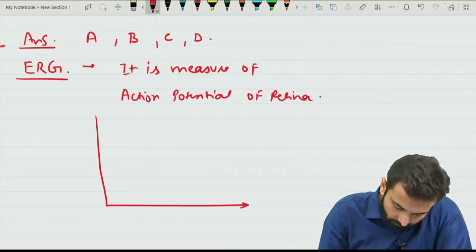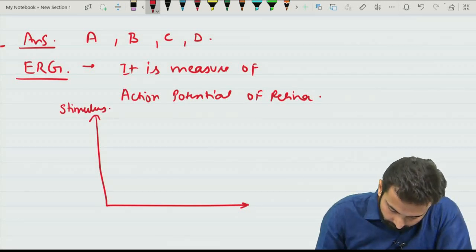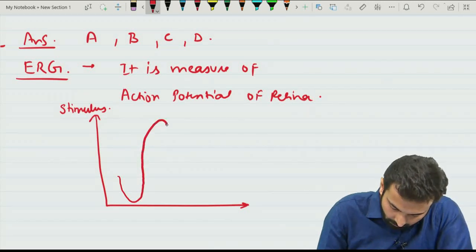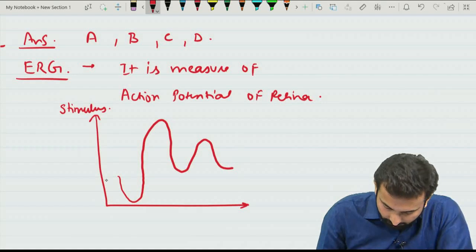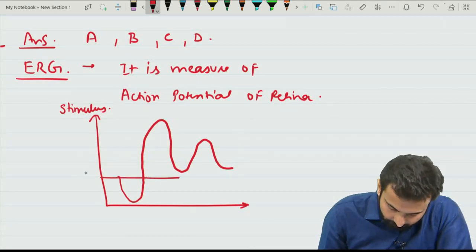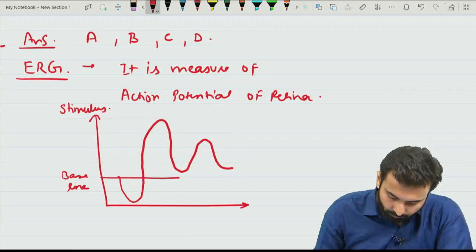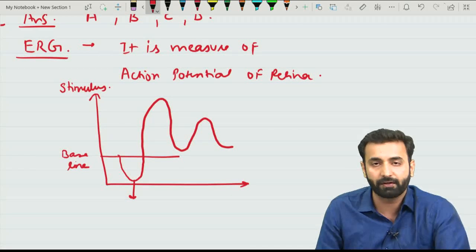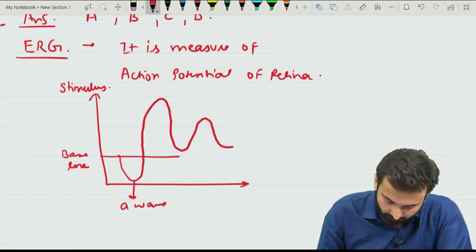So this is the normal graph, this is the stimulus, right? This is the normal ERG and this one is the baseline. As you can see, this first wave is the minus wave, which is called the A wave.